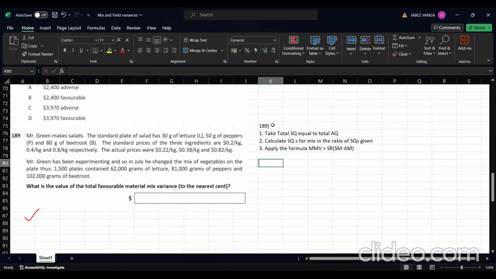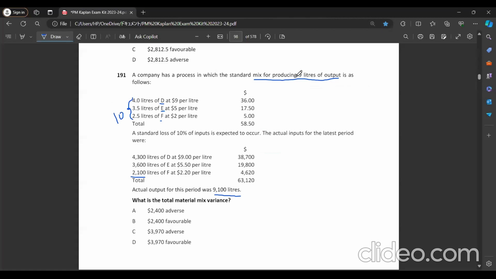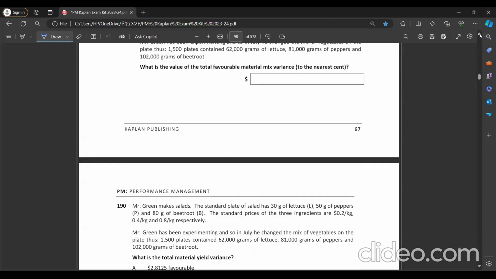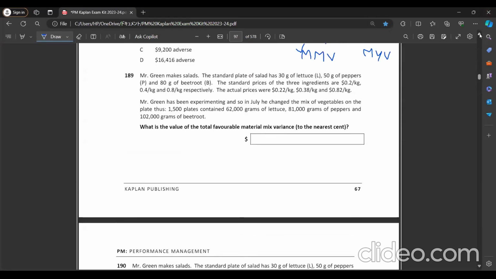Let's read the question first; then we'll have a better understanding of the data. Question number 189. Mr. Green makes salads. The standard plate of salad has 30 grams of lettuce, 50 grams of peppers, and 80 grams of beetroot. The standard prices of the three ingredients are 0.2 per kg, 0.4 per kg, and 0.8 per kg, respectively.